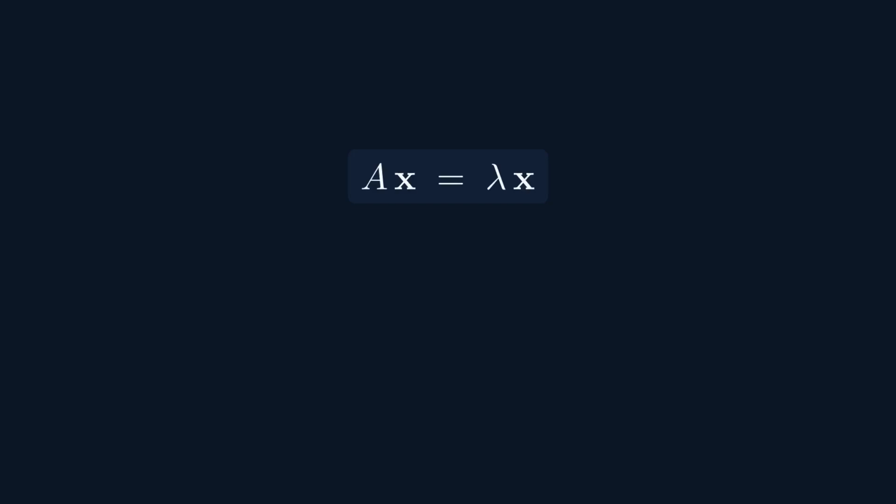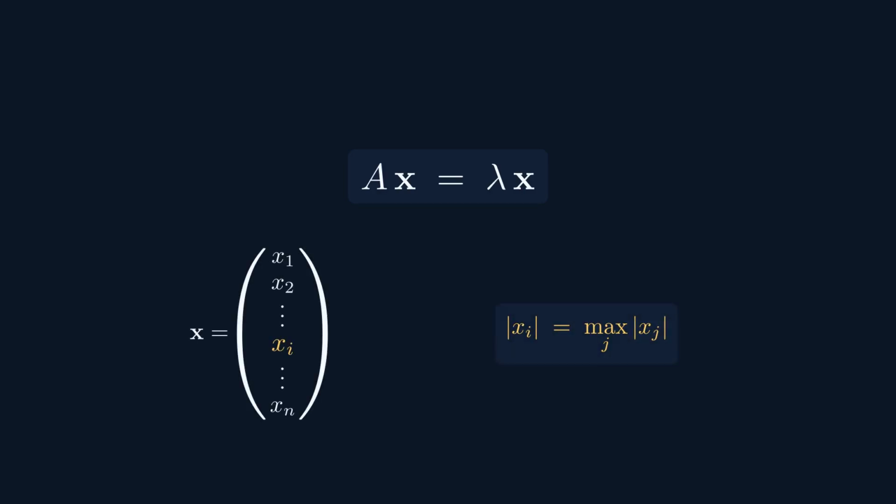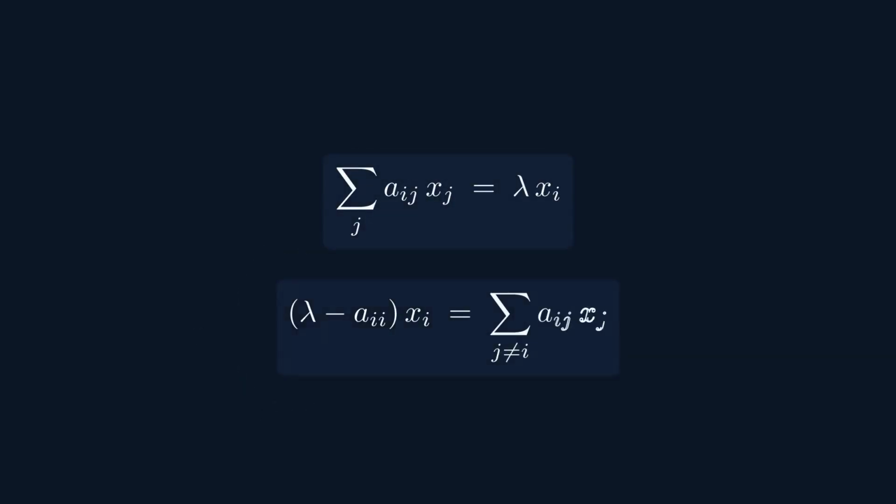Why does this work? Start from the eigenvalue equation. A times x equals lambda x for some non-zero vector x. Now the idea. Pick the component of x with the largest absolute value. Call that component x sub i. It picks out row i of the equation. Row i reads, the sum of a_ij times x_j over j equals lambda x_i. Move the diagonal term to the left.